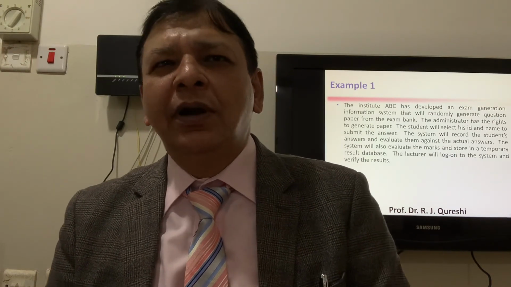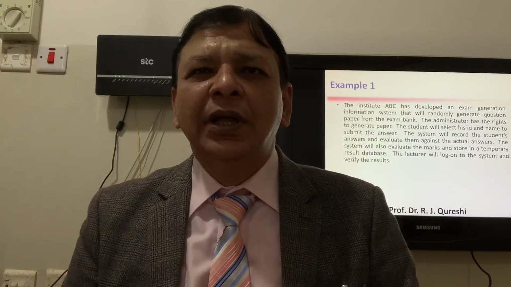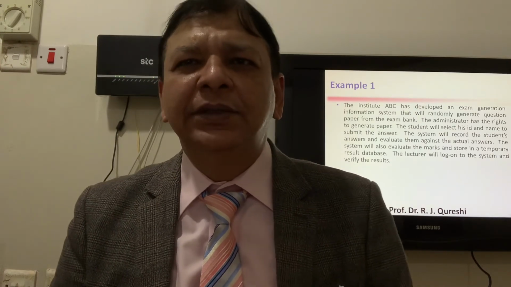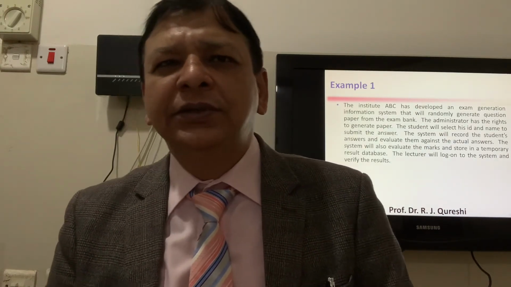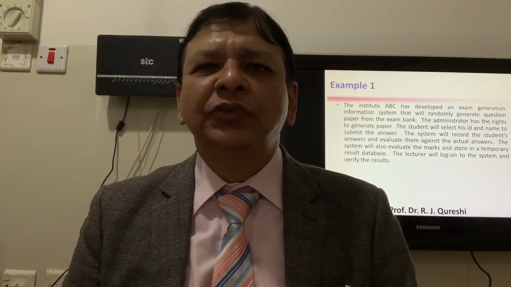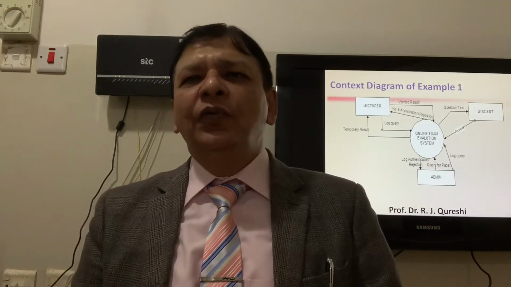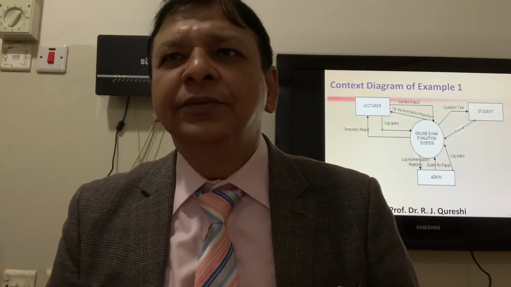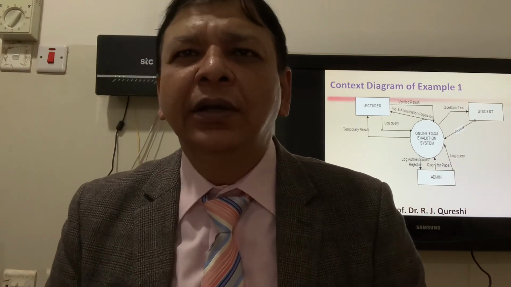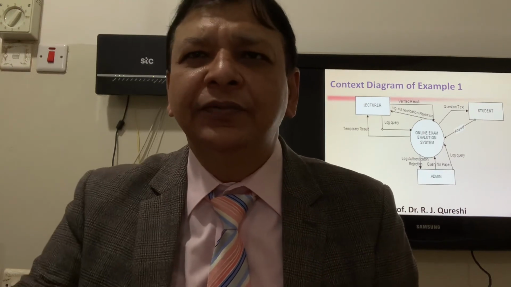The system will record the student answers and evaluate them against the actual answers. The system will evaluate the marks and store them in a temporary result database. The lecturer will log on to the system, enter the questions and verify the results. So this is the example system. We have lecturer, we have student, we have admin. This is the online exam evaluation system or online exam generation system, for example.